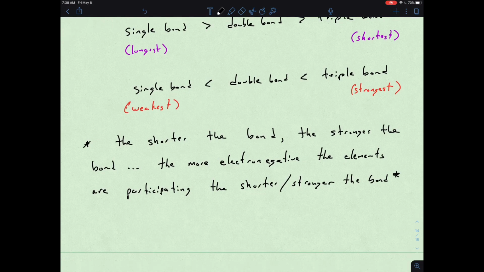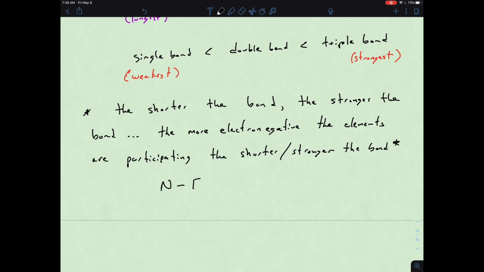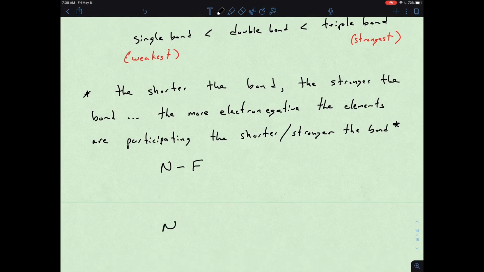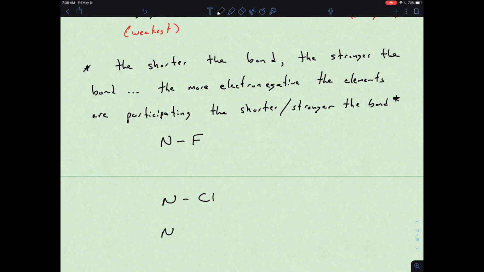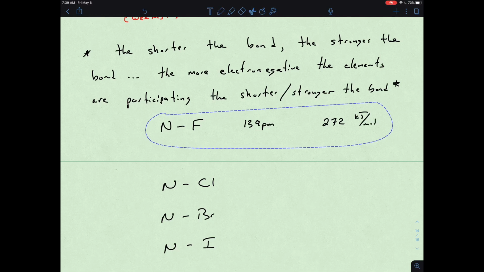So if we look at, for instance, a series here, a quick chart of a couple different bonds. This is just a series of halides going down from fluorine to iodine, all bound to nitrogen. And if we look at our bond lengths, we have 139 picometers and an energy of 272 kilojoules per mole for our NF bond.